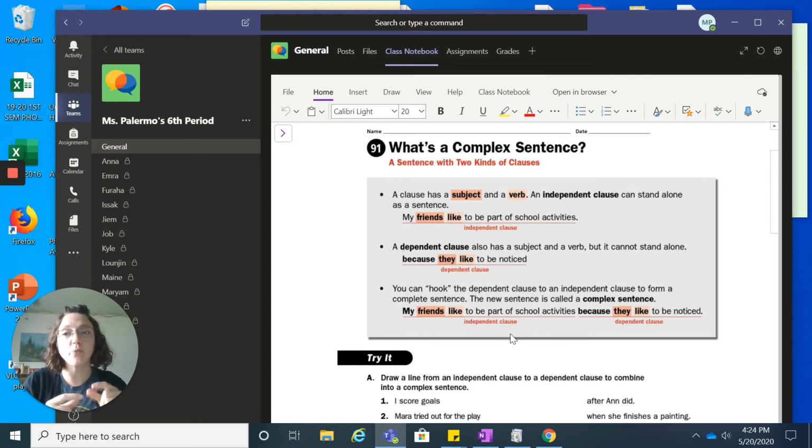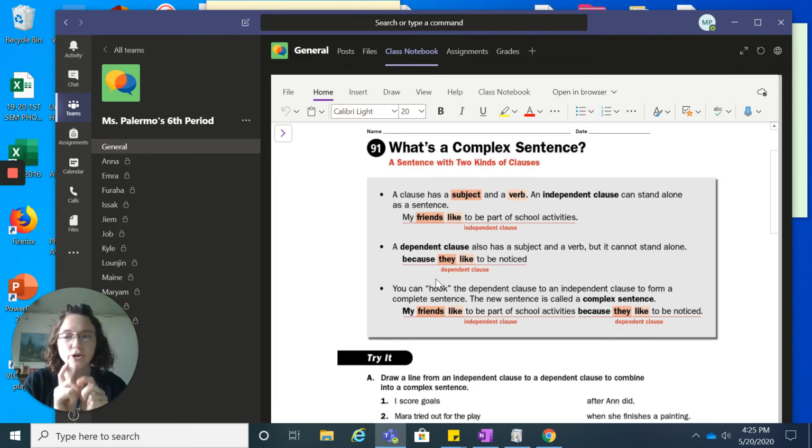It has to be with another piece of a sentence. So for example, because they like to be noticed still has a subject, they, still has a verb, but you can't just say, because they like to be noticed. If you just say that sentence, people will be like, what are you talking about? The word because here means that it has to be with another sentence to make sense.